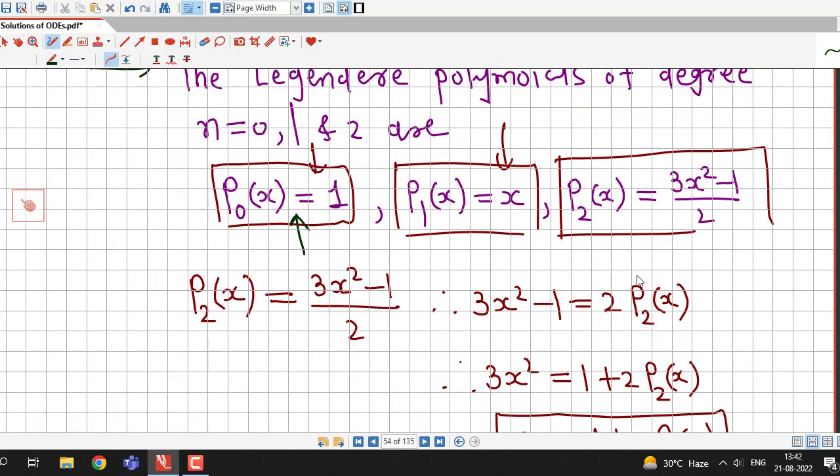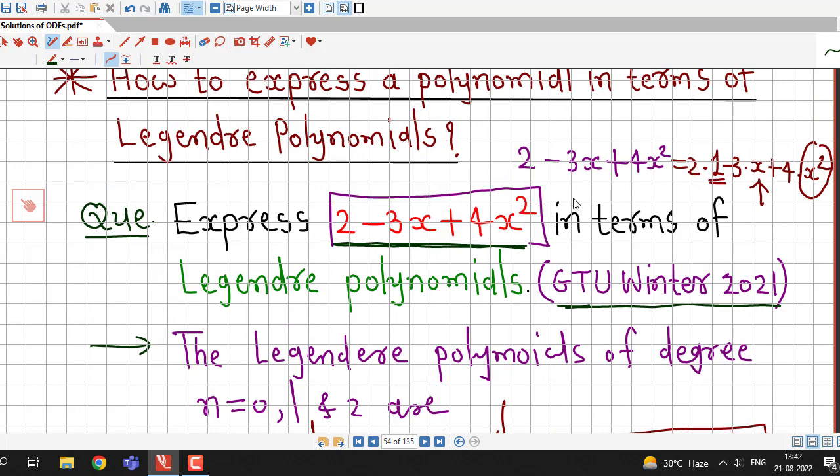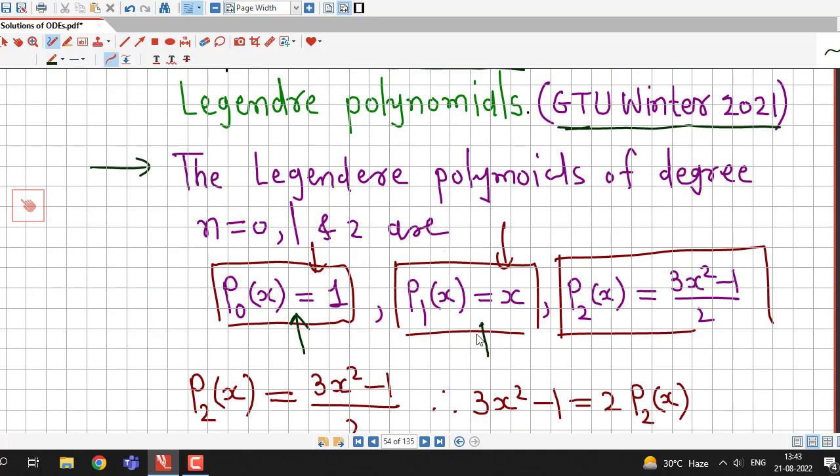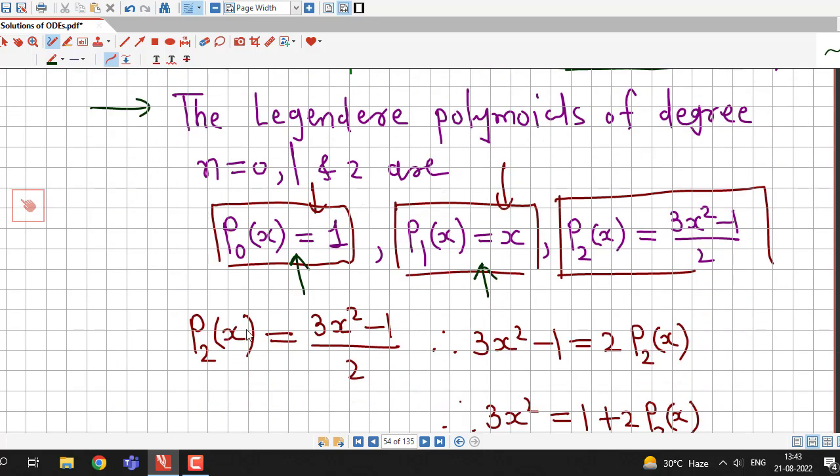So let's summarize this. We are asked to express this polynomial in terms of Legendre polynomials, and we can see this is of degree 2. We have written this polynomial as 2 into 1 minus 3 into x plus 4 into x square, and we can replace 1 by P0(x), x by P1(x), and we have to find the expression for x square, which we obtain using the formula for P2(x).